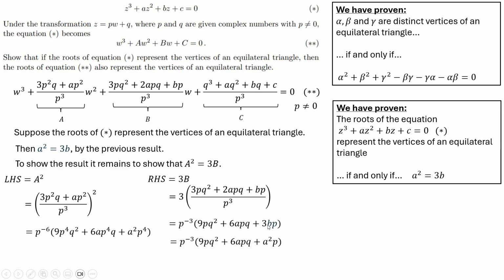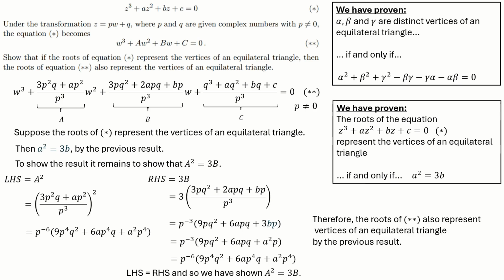Oh, I've replaced 3b with a squared, because we know that the first result holds, because it says if star, if the things that are there, so a squared equals 3b, so replace that with a squared, then take out those extra 3 p's, and you end up with the same result. So yeah, that means that we have big A squared equals 3 big B, and that means that star star also represents vertices in the equilateral triangle by the previous result, and we're done here.